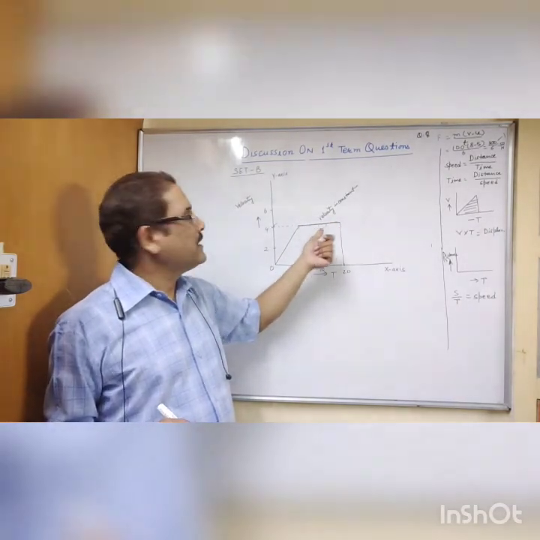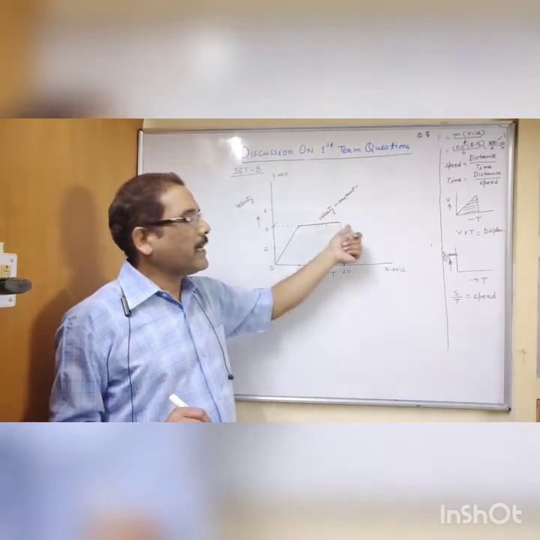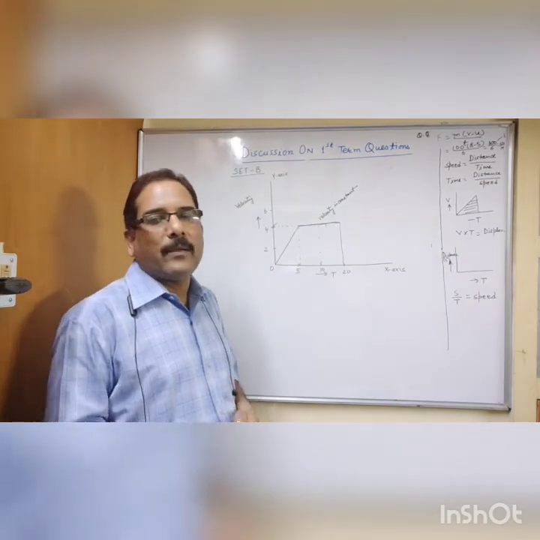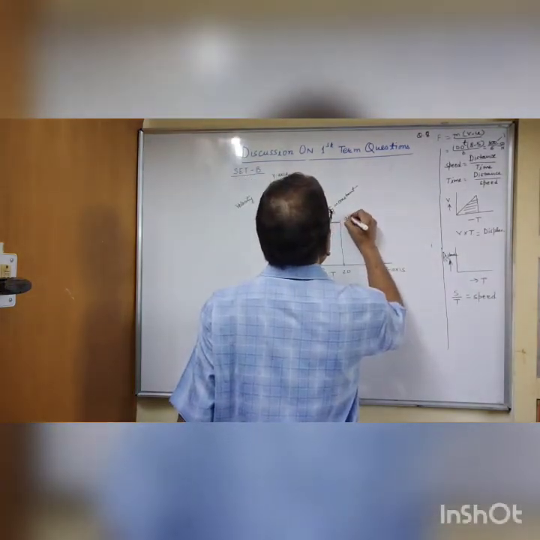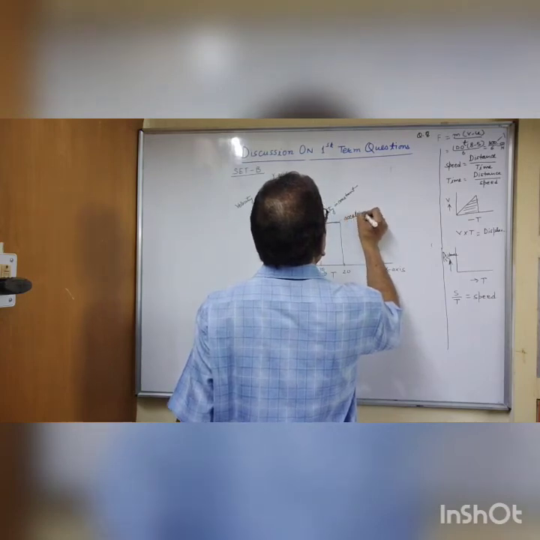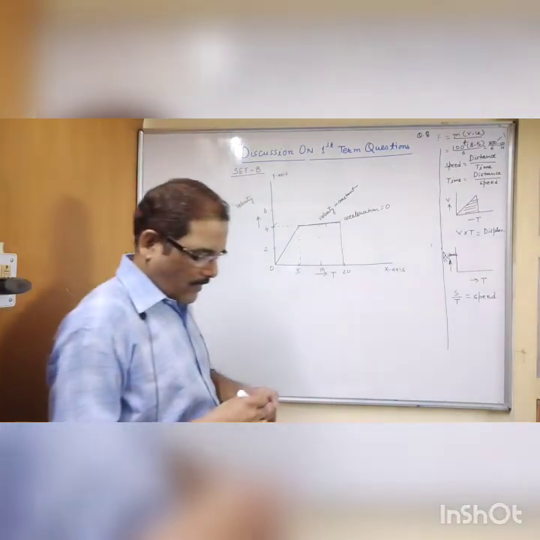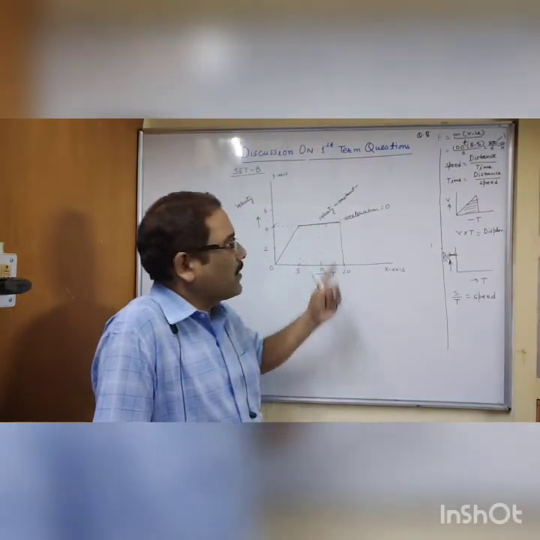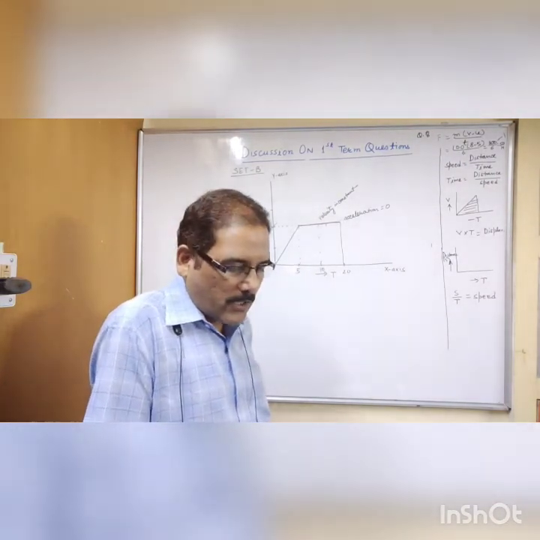This is 4 meter per second because graph is a straight line parallel to time axis. So no change in velocity with time. So acceleration will be 0. Acceleration is 0. So this you have to write: 1 mark for writing velocity is constant, and 1 mark for writing acceleration is 0.